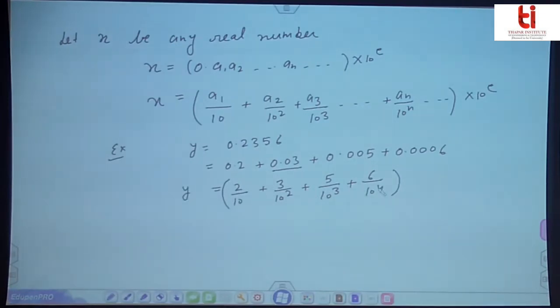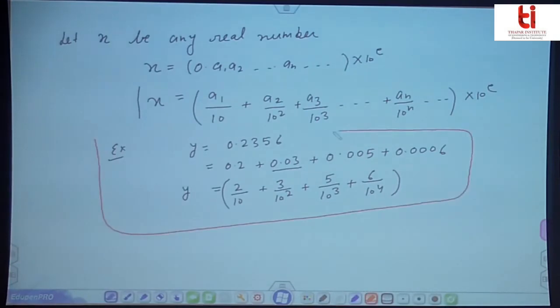This is the same procedure, like x, which we are writing as a1 upon 10, a2 upon 10 square and so on. This is only an example of how we can express the number in terms of the 10 raised to power e form. So we can write x as a1 upon 10 plus a2 upon 10 square, a3 upon 10 cube and so on.